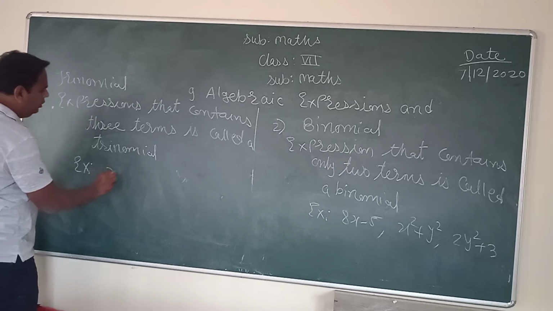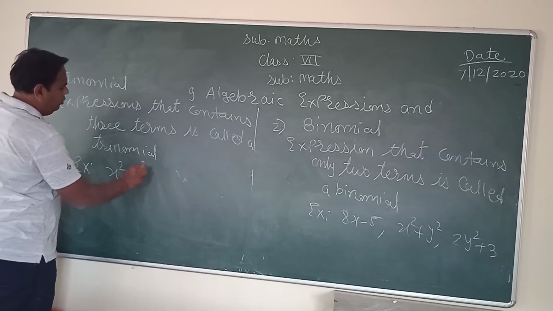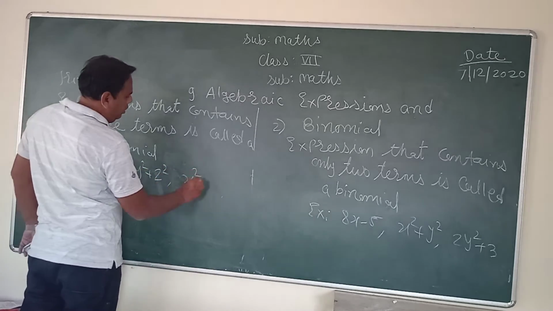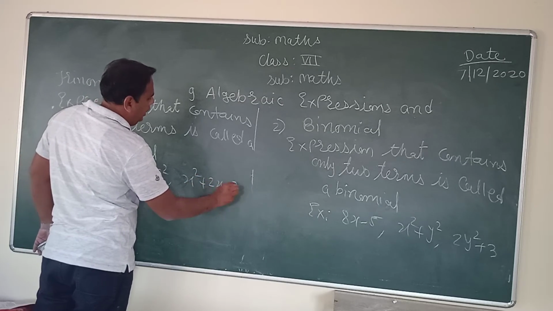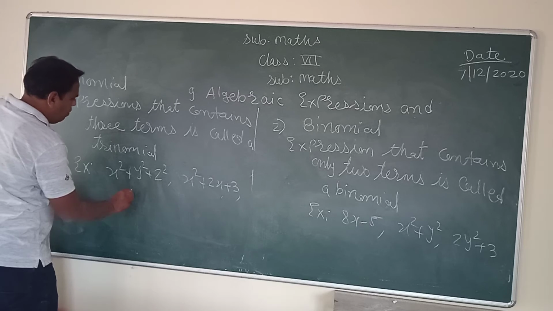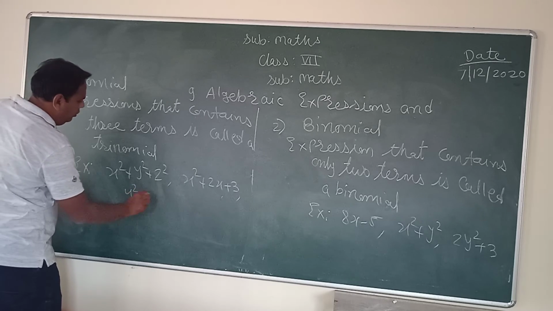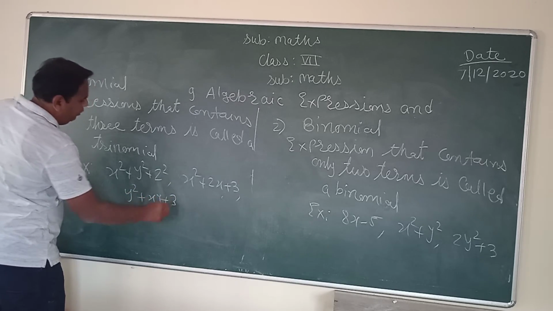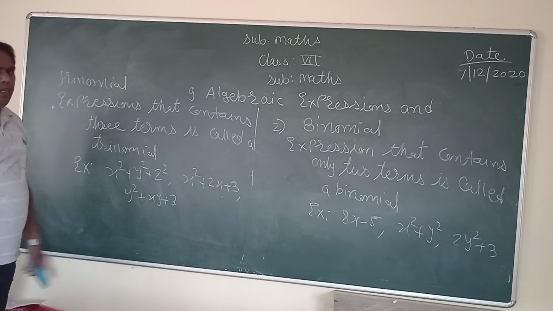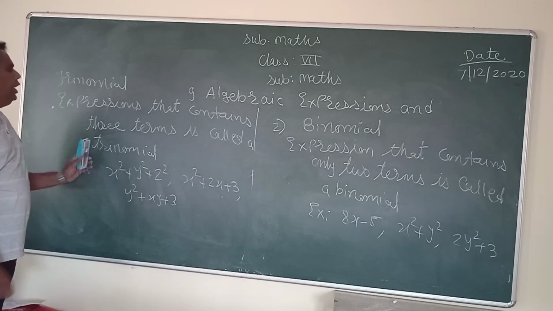For example, here x² + y² + z², like this. Then x² + 2x + 3. Then y² + xy + 3. It is also a trinomial because it has three terms. यहाँ पे three terms हैं इसलिए हमें ये trinomial होता है.